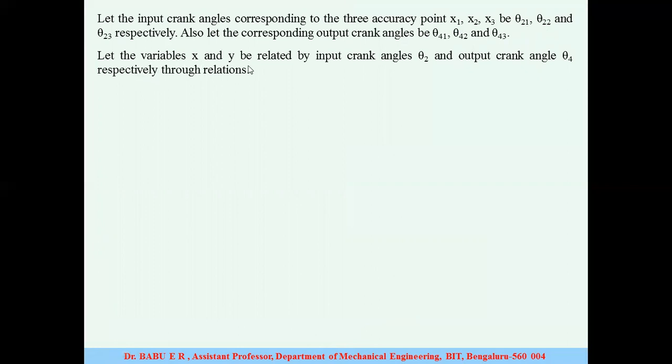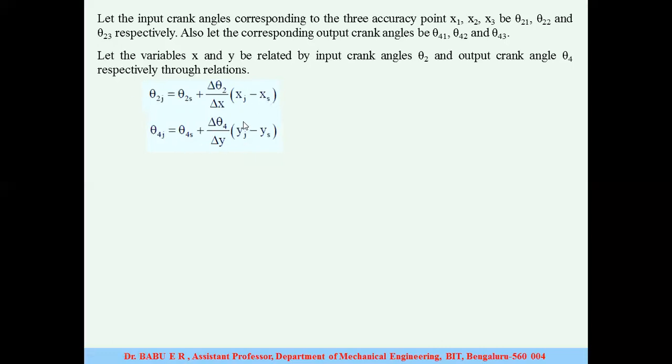Let the variables x and y be related to the input crank angle theta 2 and output crank angle theta 4 respectively through these relations: theta 2j equals theta 2s plus delta theta 2 by delta x into xj minus xs. Similarly, theta 4j equals theta 4s plus delta theta 4 by delta y into yj minus ys. This is already explained in function generation.